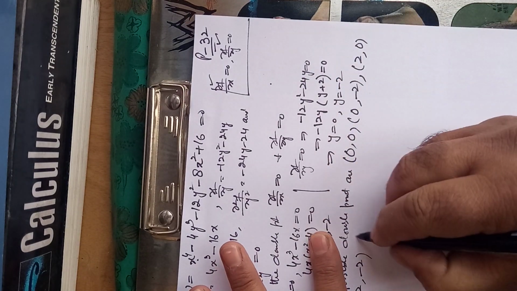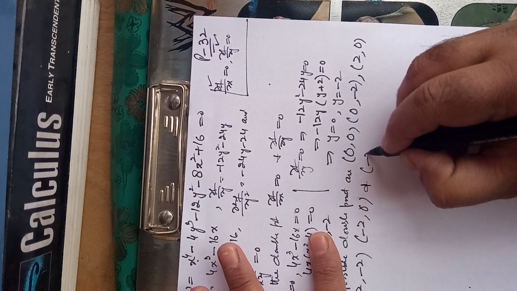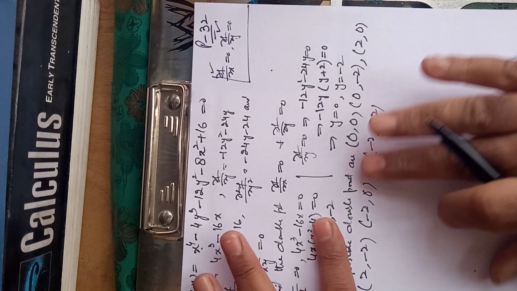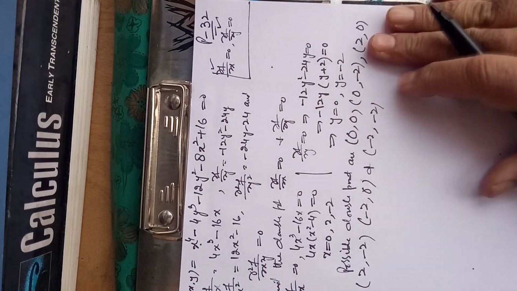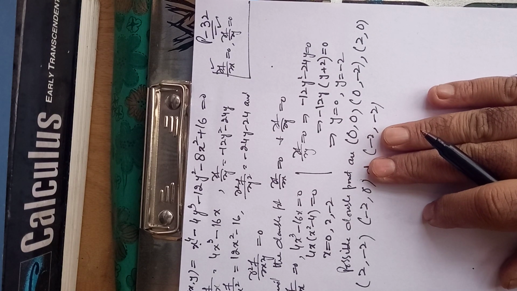Then the third, x is −2, y is 0; x is −2, y is −2. So there are 6 possible double points, but out of these, only 3 points satisfy the equation.